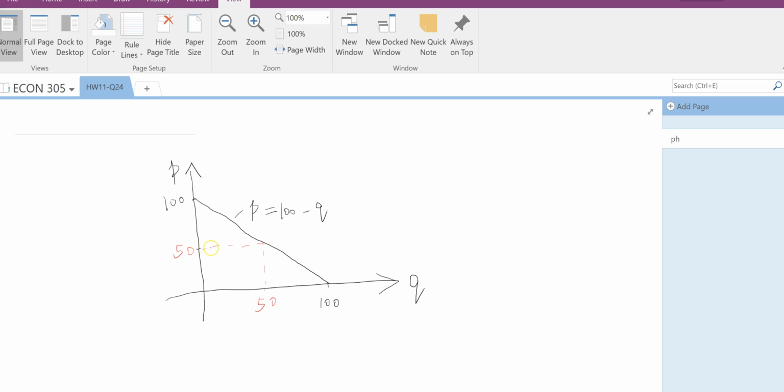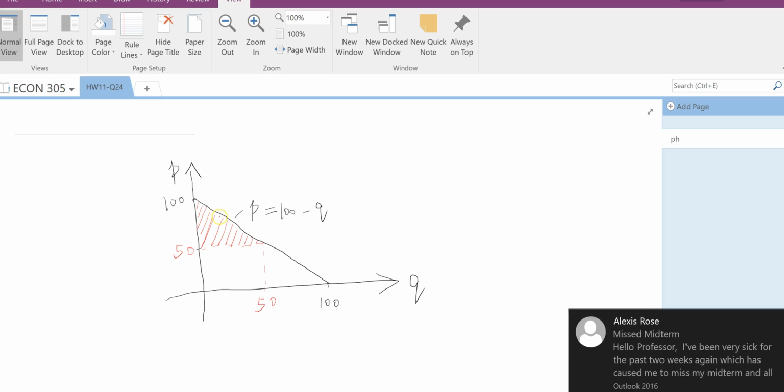So when price equals 50, quantity equals 50. The equation here is balanced. And we know that for the two-part tariff, the monopoly charges the access fee equal to the area above the price, or above the marginal cost, because the price equals marginal cost. So basically it's this area here.